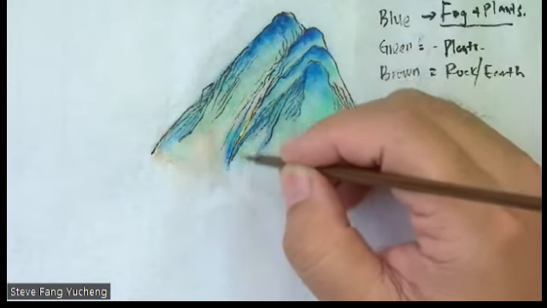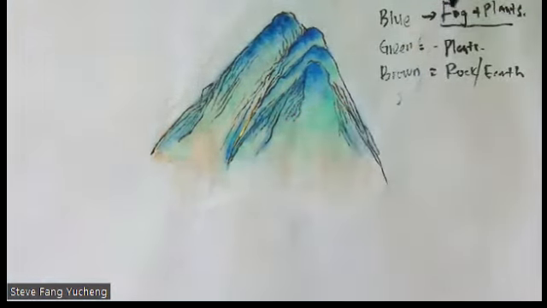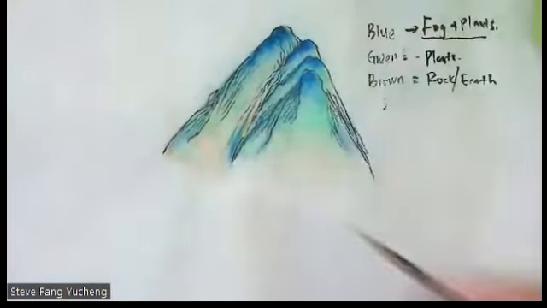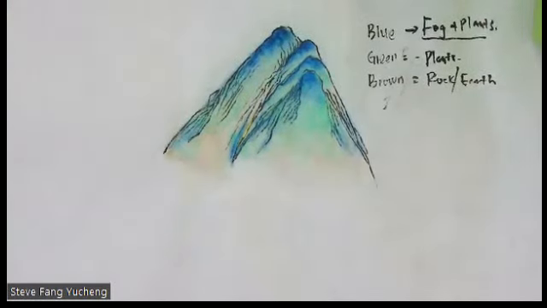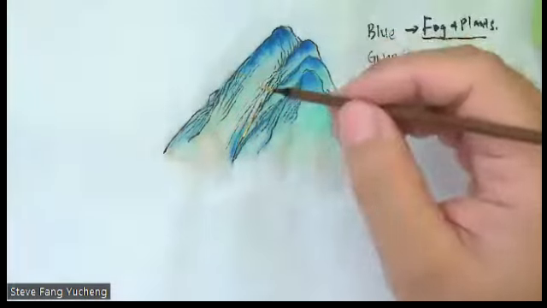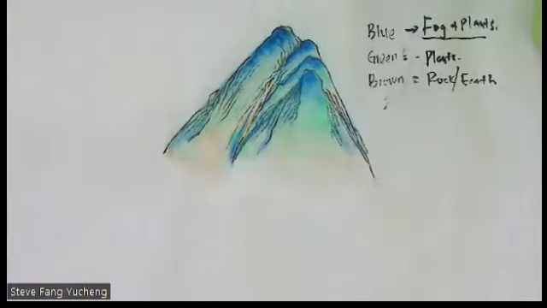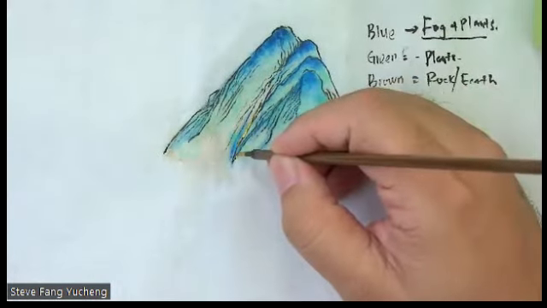When you're coloring the lines on the mountains, one thing to take note of is that the lines need not be continuous. That means not the whole outline in one go. See, I'm coloring this way.